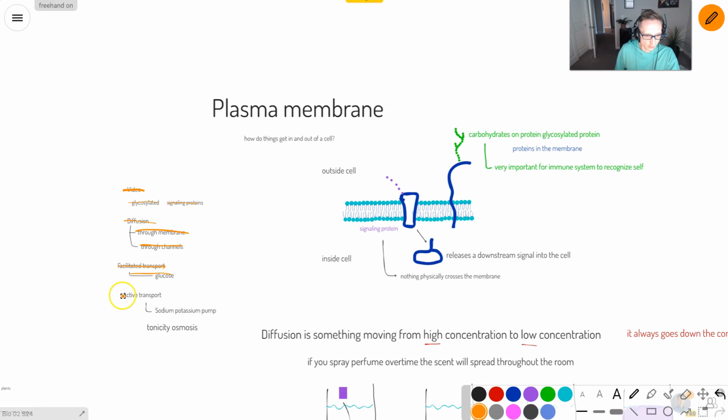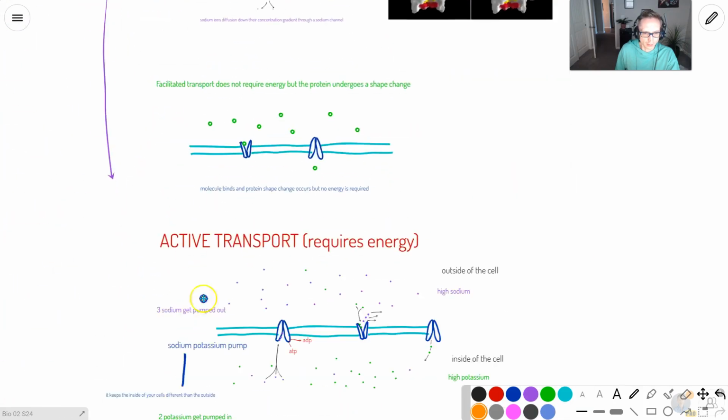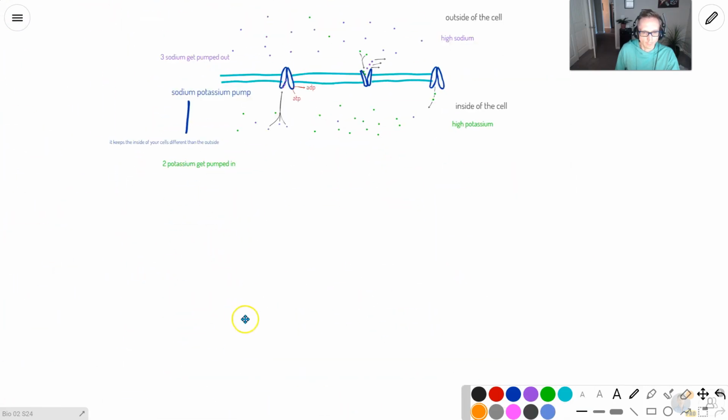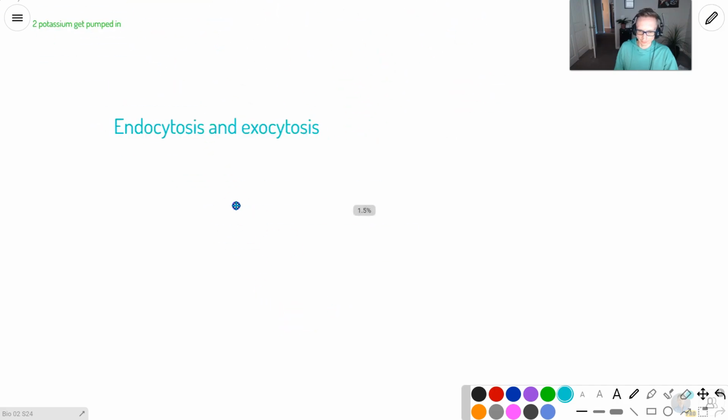Pretty crazy. Okay, other couple little things I want to talk about real quick is endocytosis and exocytosis. I'm just going to draw one membrane to do this quick. This is a way to move big things in and out of the cell.